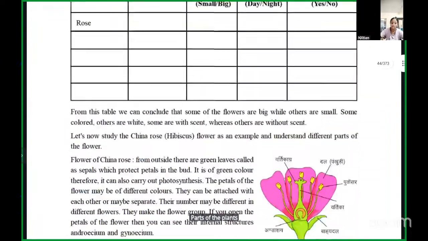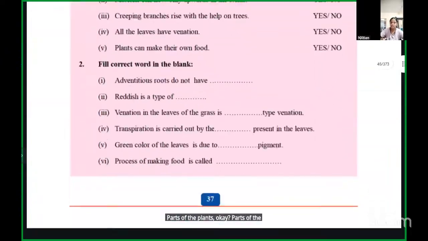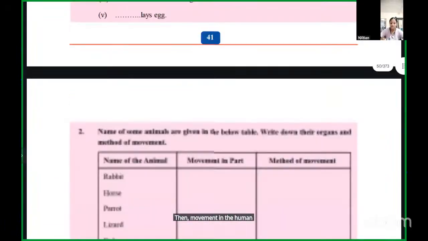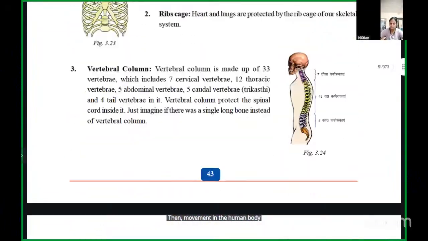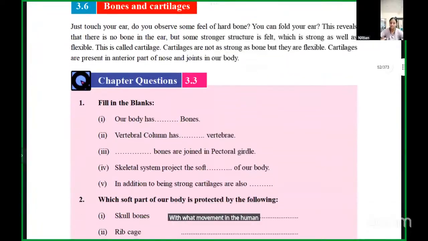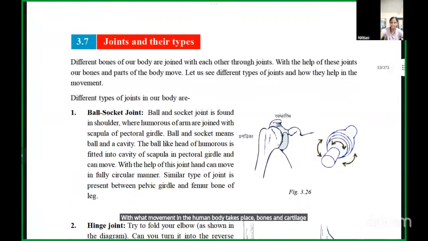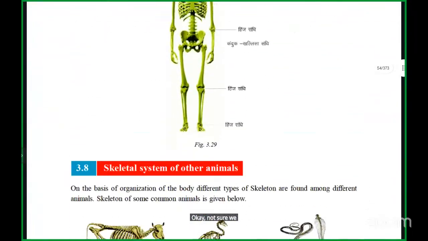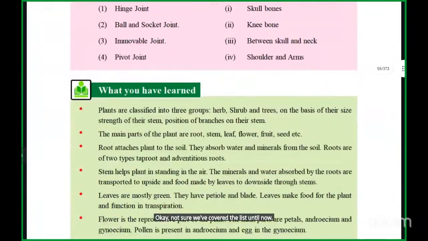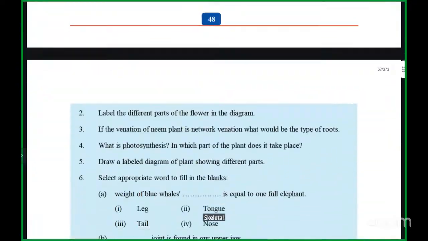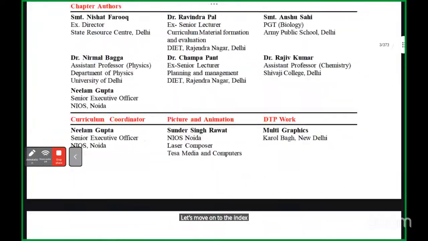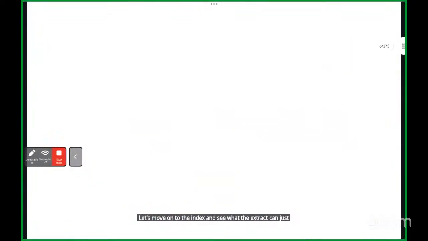Parts of the flower, then movement in the human body, with what movement in the human body takes place, bones and cartilage, joints and ligaments. That's all we've covered in the lesson till now. Skeletal system of other animals too. Let's move on to the index and see what next chapter we can start.